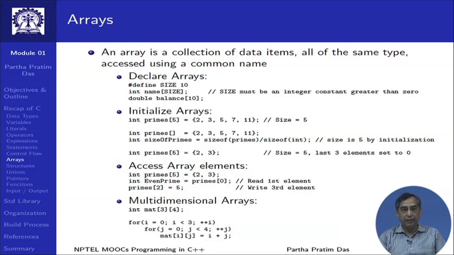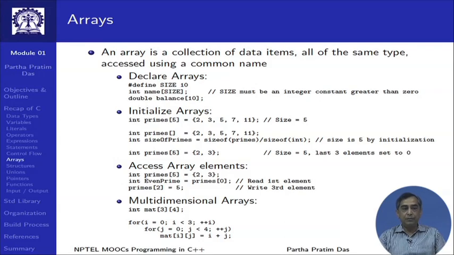If primes is initialized with the list 2, 3, 5, 7 and 11, there are 5 elements, so it will become an array of 5 elements. I have also shown that in such cases, since you do not know the size, the most reliable way to compute the size is to take the total size of the array divided by the size of every element, and you will certainly get the number of elements that the array contains.